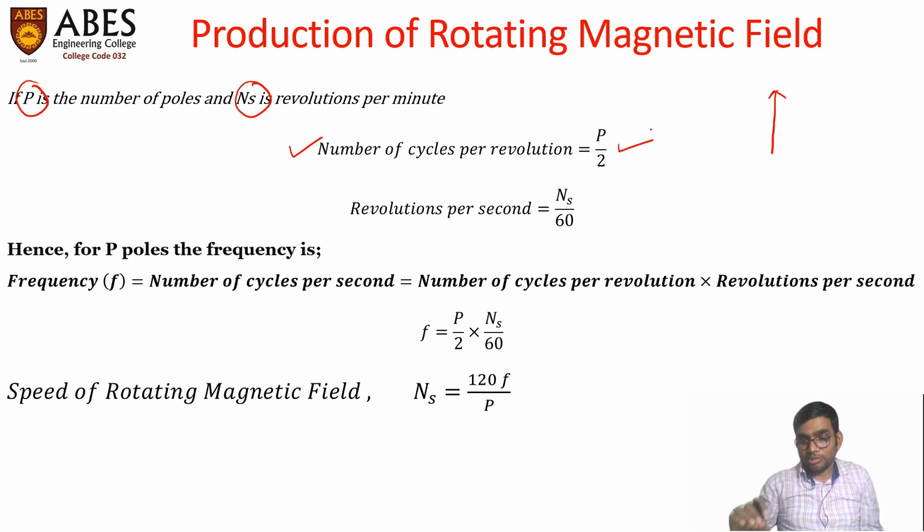Now focus on this point. For a two-pole machine, it will be 1. Means the number of cycles per revolution is equal to 1. That is only for a two-pole machine.